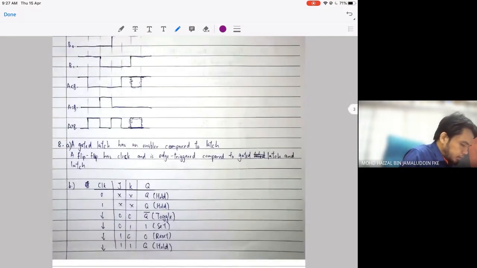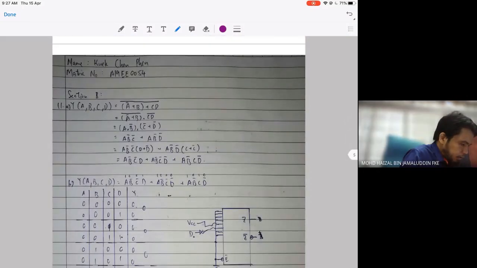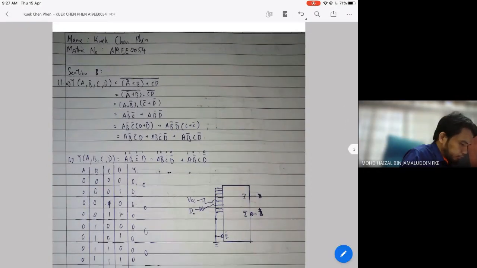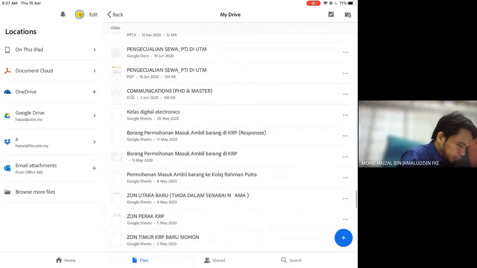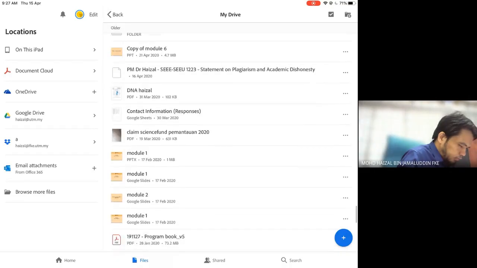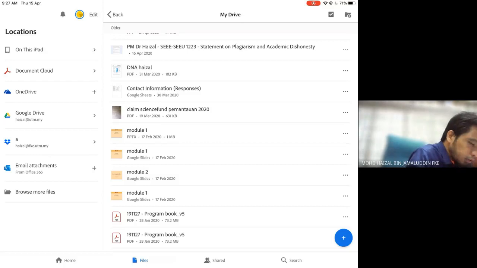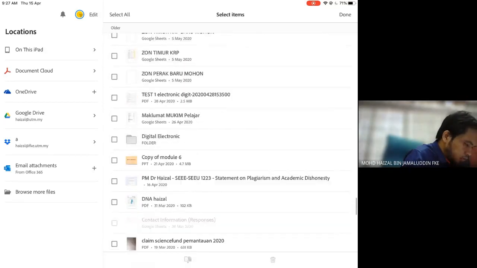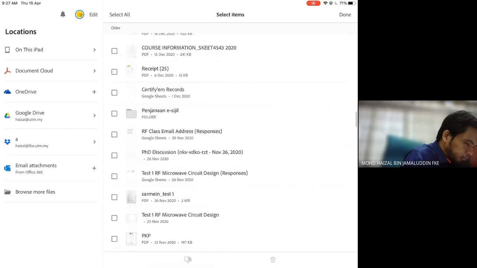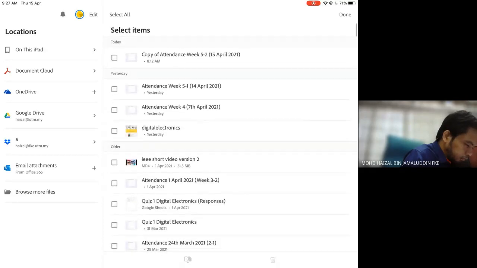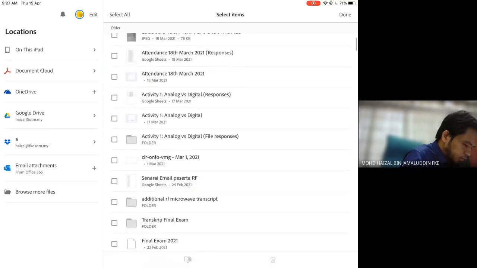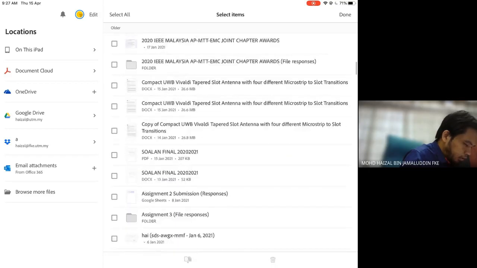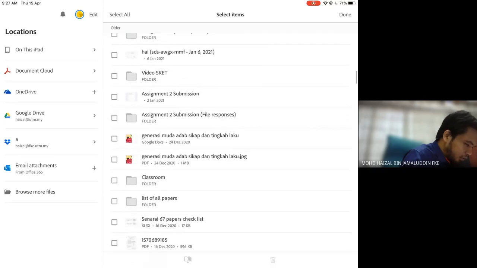Okay, yang belakang ni adalah design. Tak jumpa pula. Macam mana nak short? Ni apa ni? Oh. Ni apa? So everything in the folder. So the class and so on I put in folder.